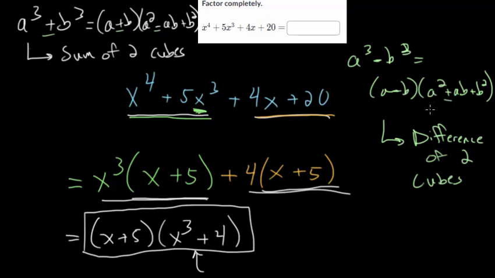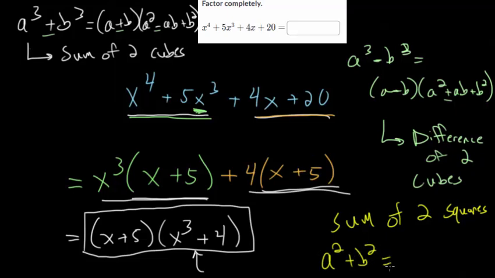And you might be wondering, is there a sum of two squares? Technically, yes, but it's complicated because if you have two squares added together, then these are going to factor into a product of imaginary numbers. You'd have a minus b times i times a plus b times i.